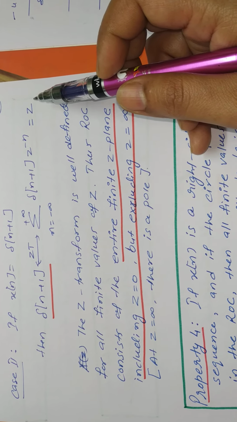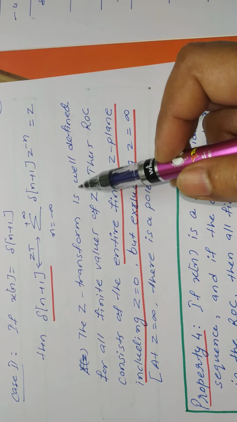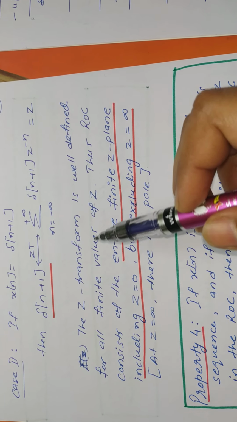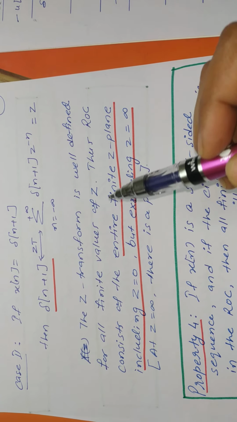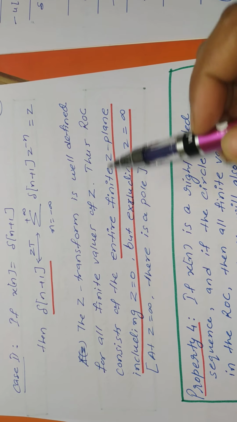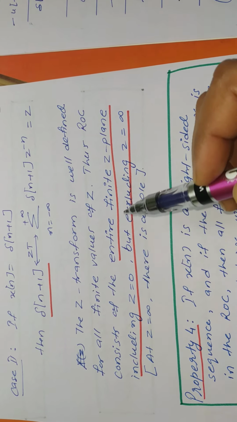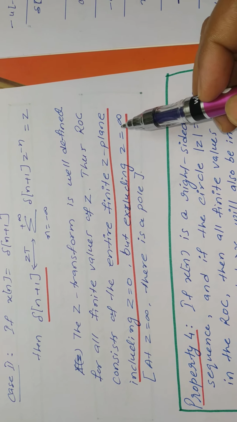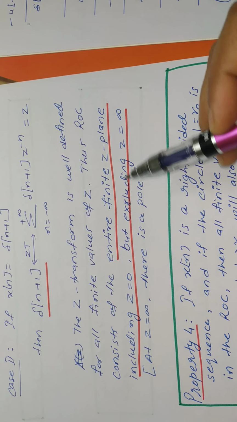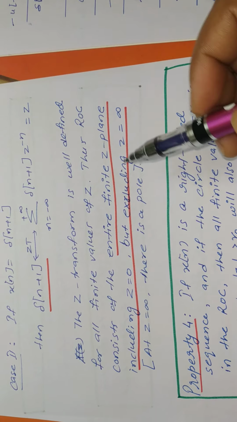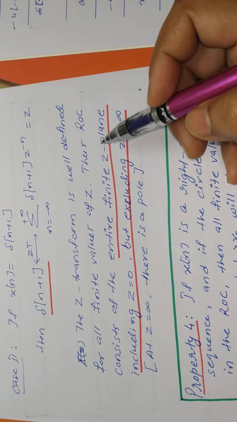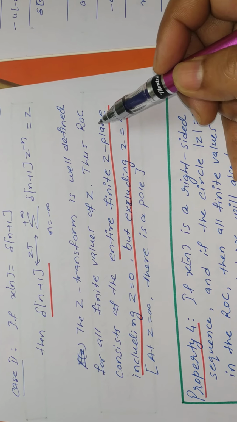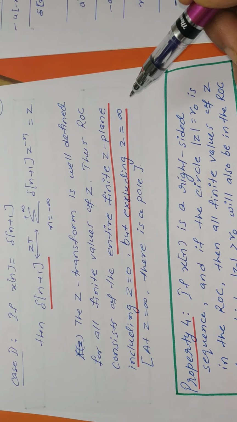Hence it is just z. The z transform is well defined for all finite values of z. Thus the ROC consists of the entire finite z plane including z equals 0 but excluding z equals infinity. At z equals infinity, there is a pole. Hence, we don't have the ROC at z equals infinity. The ROC is the entire z plane except at z equals infinity.